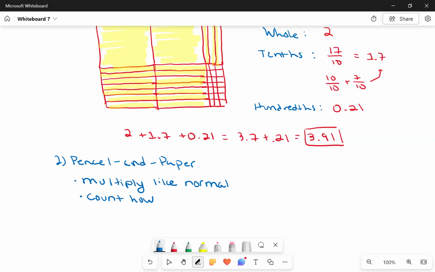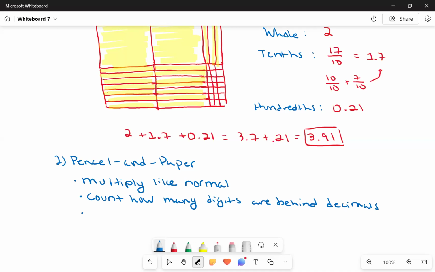Count how many, I'll say digits. I'm going to use the word digit. Count how many digits are behind decimals. And the reason is because in a second, I'm going to use the word number.